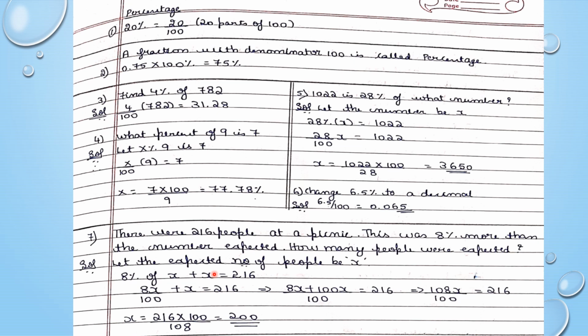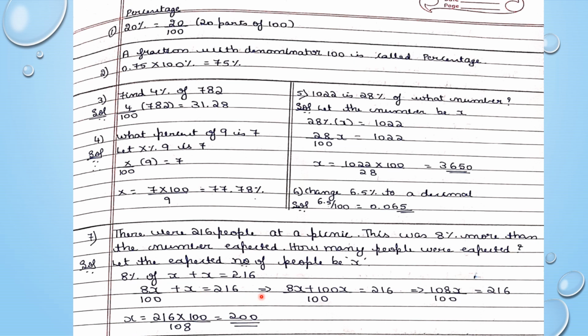So 8% more they have told. On what number? As they have not given anything, we have taken it as x. So 8% of x is added to the original value x. 8% of x is nothing but 8 by 100 into x, so 8x by 100 plus x is equal to 216.